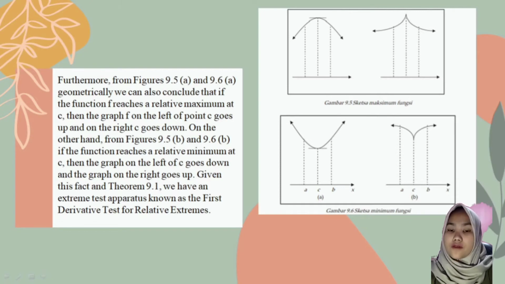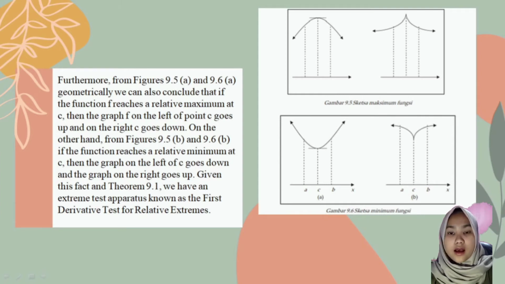Furthermore, from figures 9.5a and 9.6a, geometrically we can also conclude that if the function f reaches a relative maximum at c, then the graph on the left of point c goes up and on the right of c goes down.